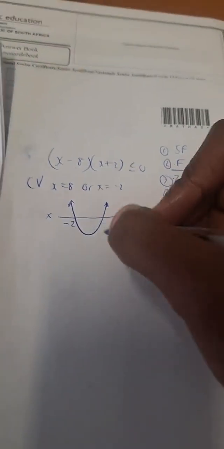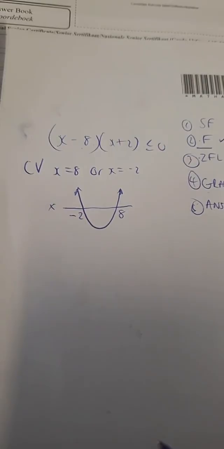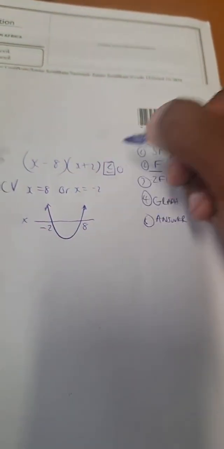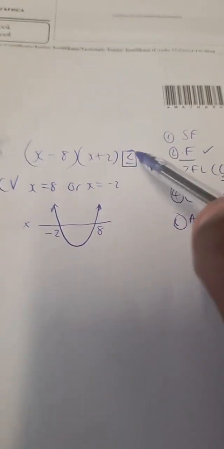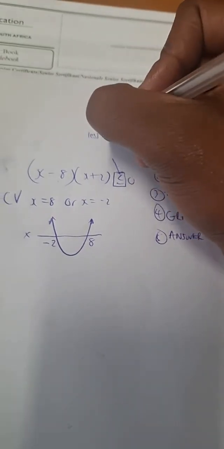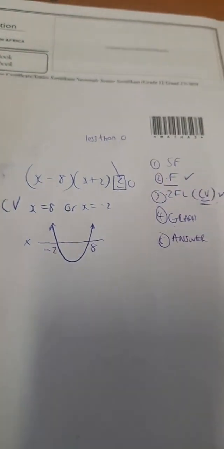Graphical representation. This is the x-axis, your number line. Negative 2, your smallest critical value. 8, your biggest critical value. Then you interpret this. The product of factors gives you something less than 0. What does less than 0 mean?